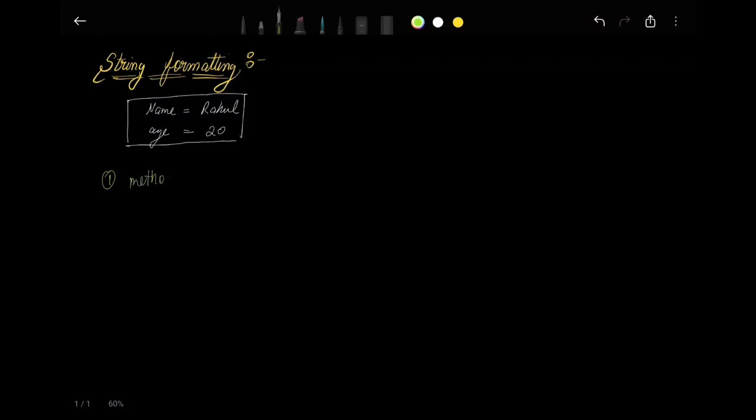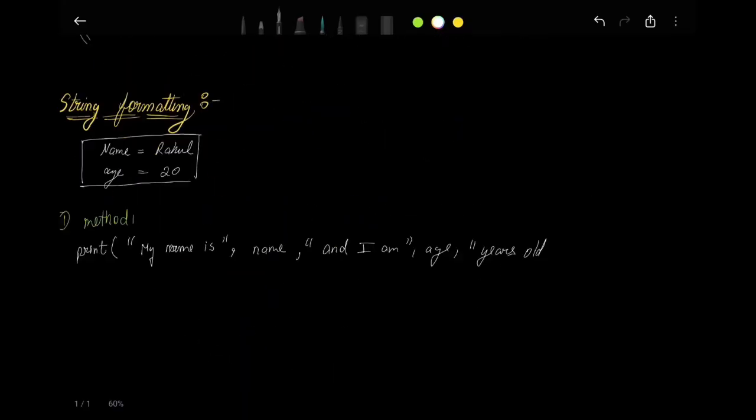So method 1: we can write print, in double quotes we will write my name is, then I will write name, then and I am, then we write age, then we write years old. So this is a traditional way to write this problem.